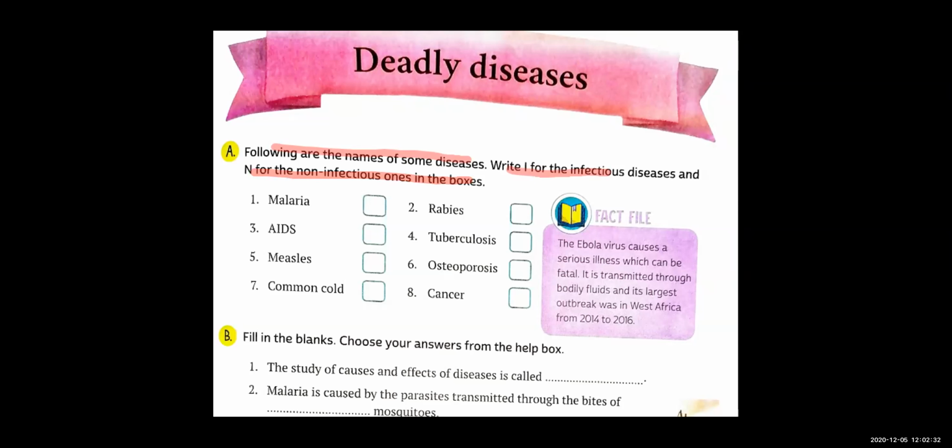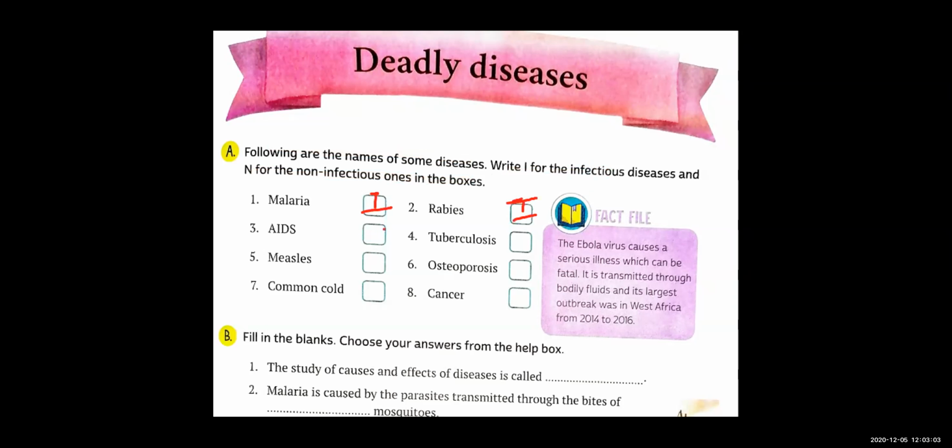So we know infectious diseases are those which can be transmitted from one person to another, right? And non-infectious diseases cannot be transmitted, right? If you look carefully, let's see the diseases that can be transmitted. Malaria, it is an infectious disease. I. Rabies is an infectious disease.